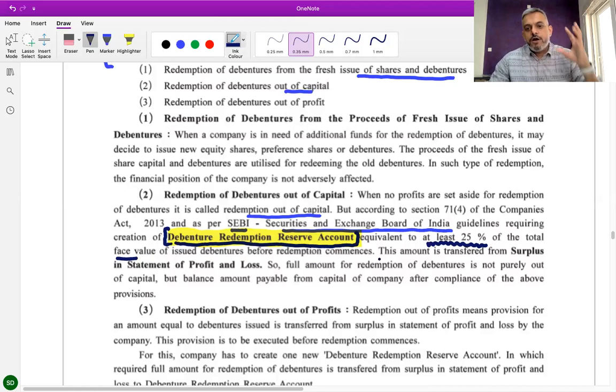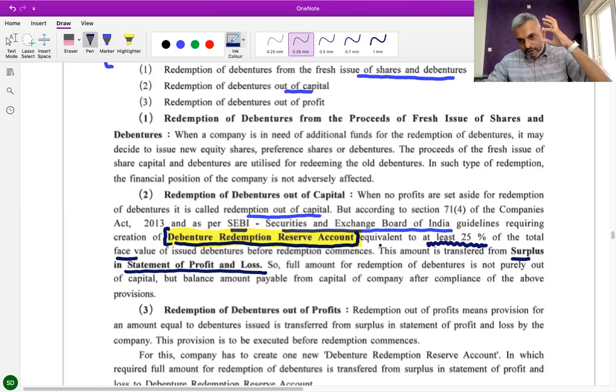It means if you have 10 lakh worth of debentures, at least 2 lakh 50,000 you have to transfer to the debenture redemption reserve account. We'll see when we see the entries how exactly we do this. This amount is transferred from surplus in the statement of profit and loss.